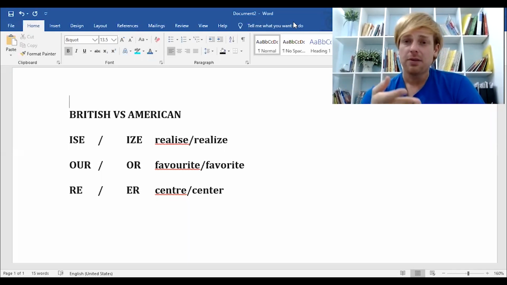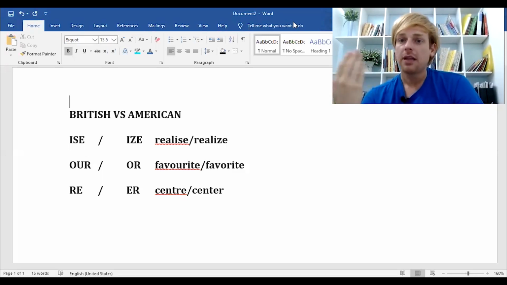But the three big differences that are important to know are ISE, I-S-E, I-Z-E, okay? Realize, hypothesize, harmonize, okay? It sounds like Z, and that's how Americans spell it, but British people, it's with an S. Same with O-R, O-U-R, like favorite, favor, flavor, color, like that.